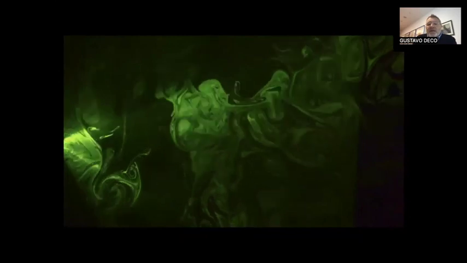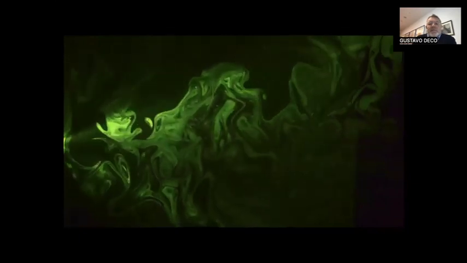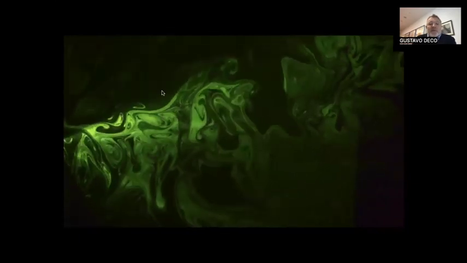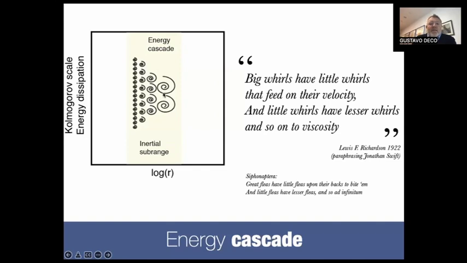He made a very clear observation that the size of the vortices, which by the way was also observed by Leonardo da Vinci, but he formalized it, are hierarchically organized. Meaning that the largest vortices are feeding the intermediate vortices, and they are feeding the smaller and smaller vortices.